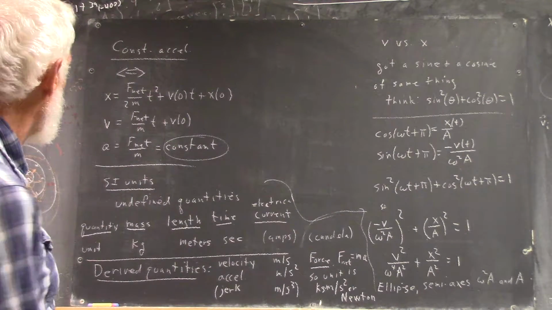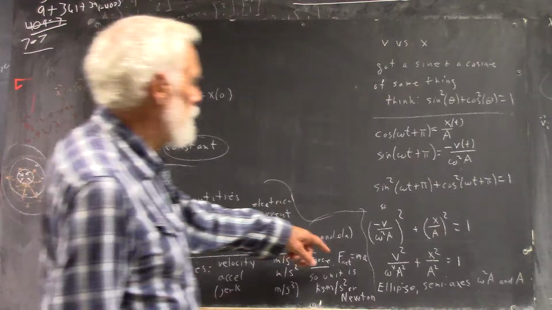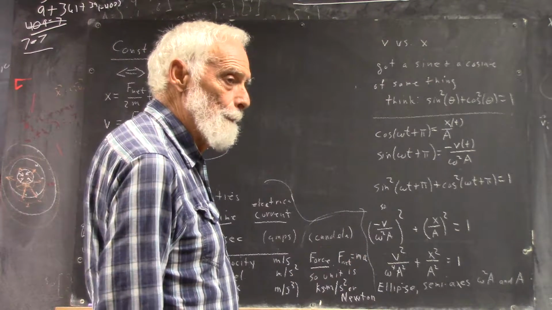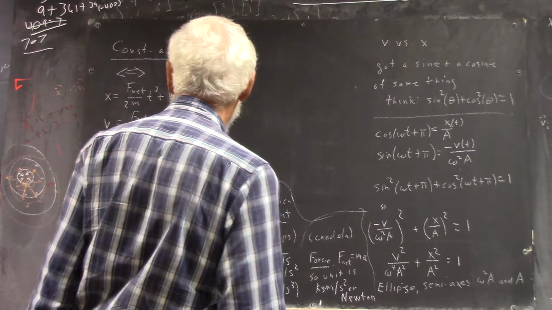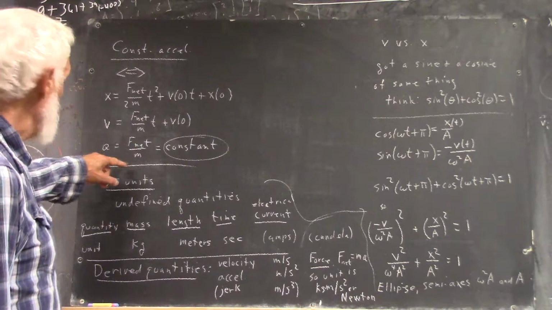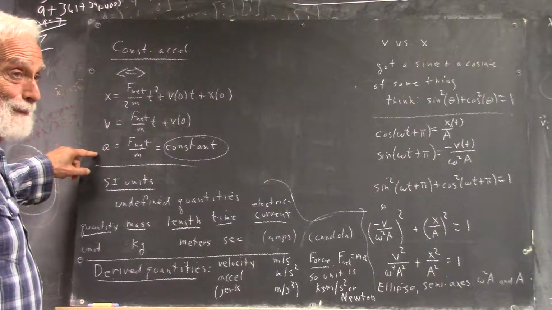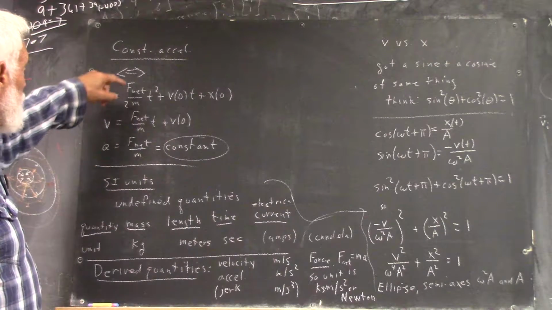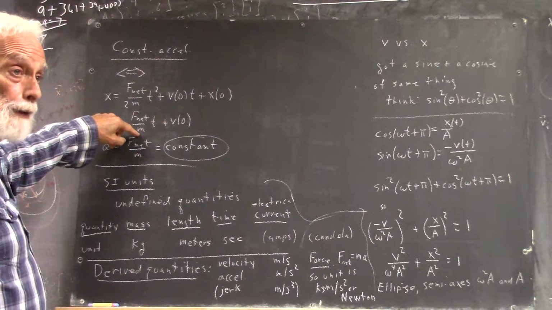So obviously, if net force is mass times acceleration, then F net over m had better be acceleration, right? So where we've got F net over m up here, we could write acceleration, couldn't we?